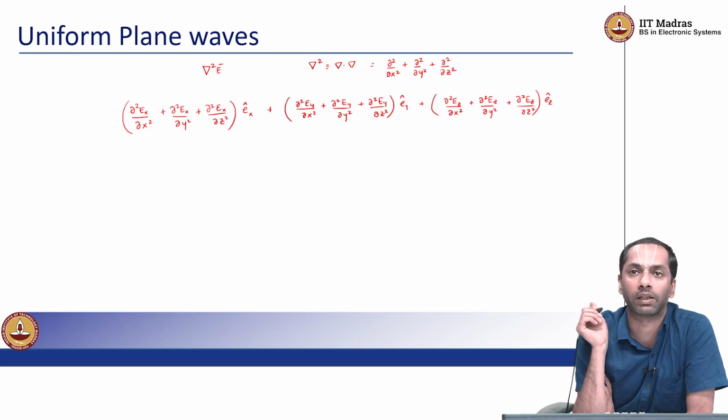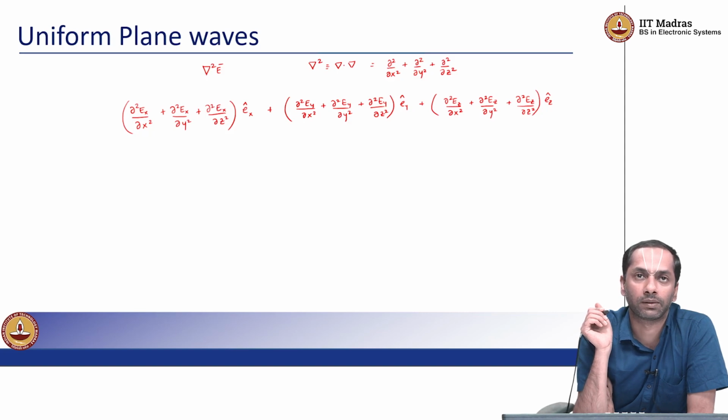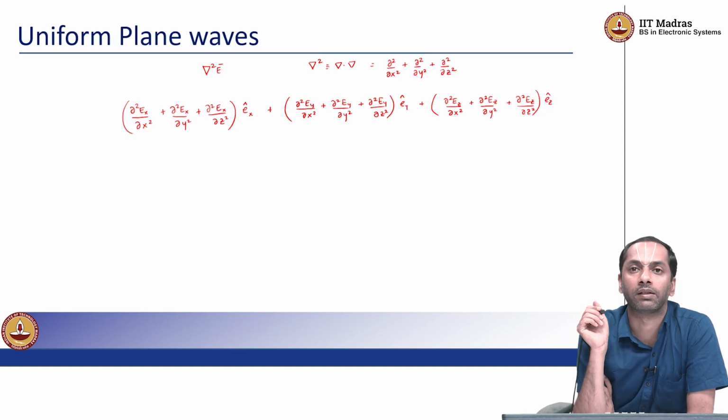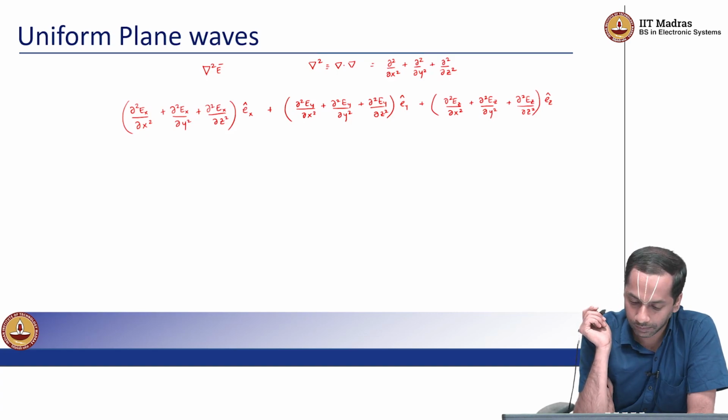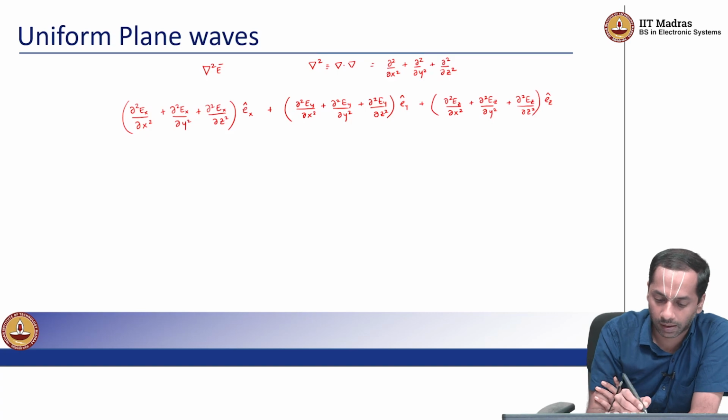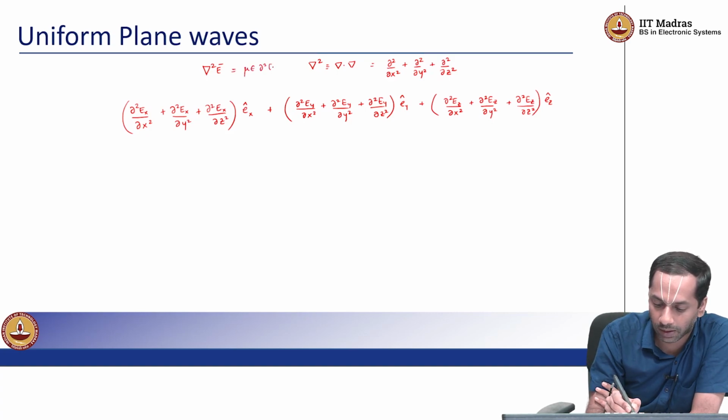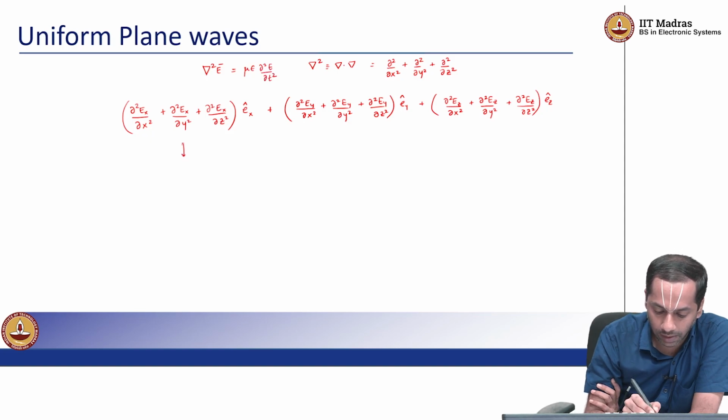You can now see why people like using the nabla operator, right, or the del operator. Instead of having to write this out every single time, it's a very compact form of writing the same thing, right? So remember that when I equate this to mu times epsilon dou squared E by dou t squared, I essentially get three independent equations, right?